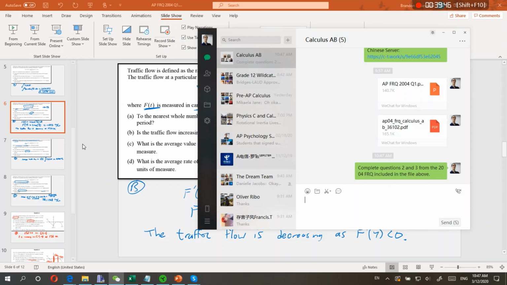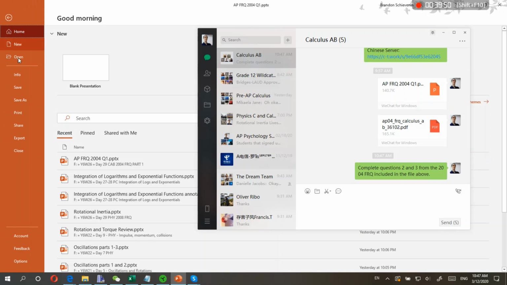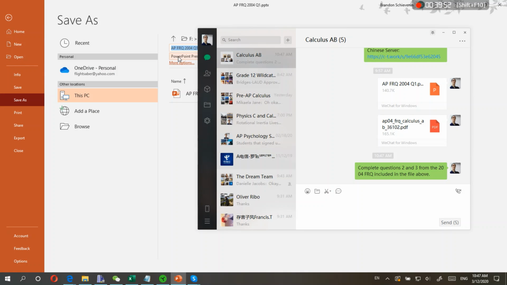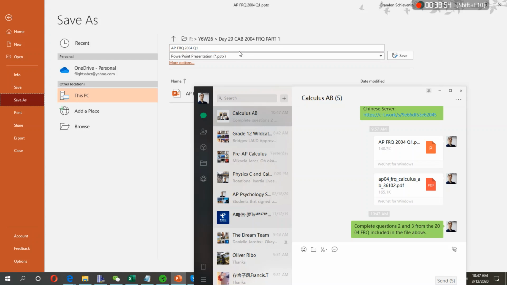Okay, I'm also going to send the PowerPoint with all the annotations. So that's everything that we wrote today, as a separate file, just for notes. As soon as that finishes saving.